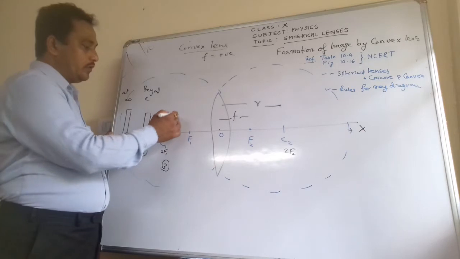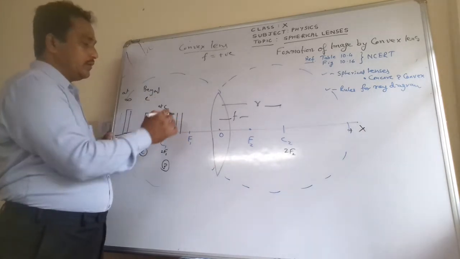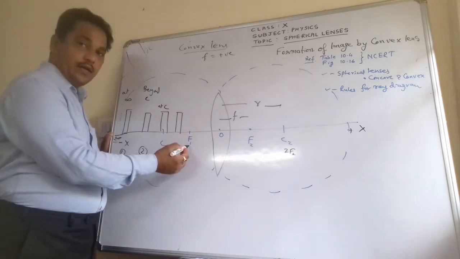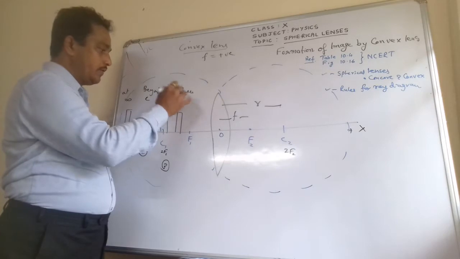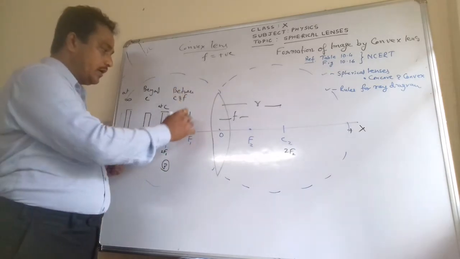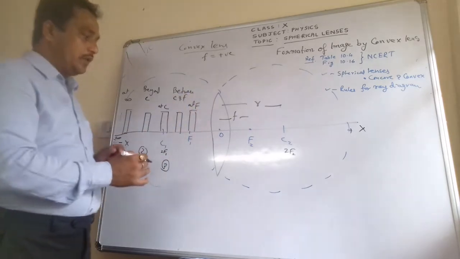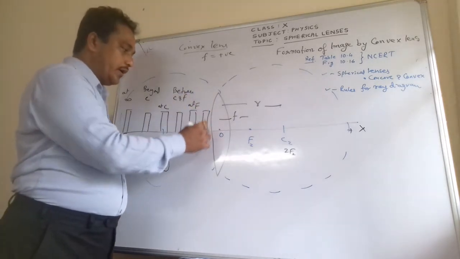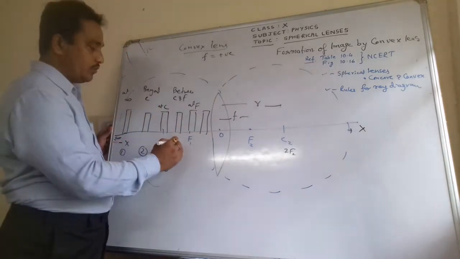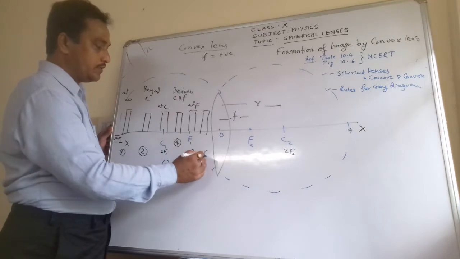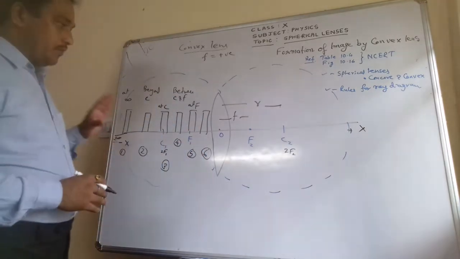After this, at C, then it is between C and F. Between C and F. After that the object will be at F, at the focus, and after that the object will be between F and optic center. So these are the cases 1, 2, 3, 4, 5, 6. Let us see one by one where the image is formed.